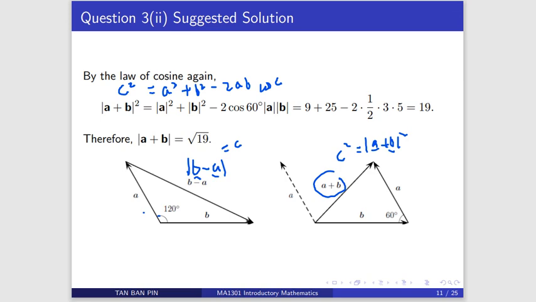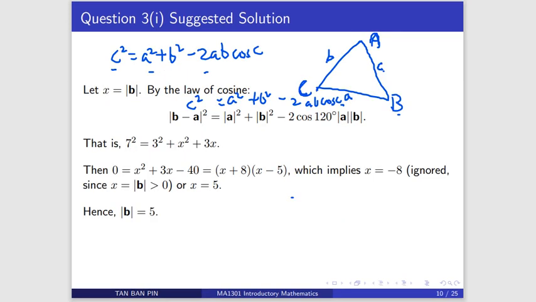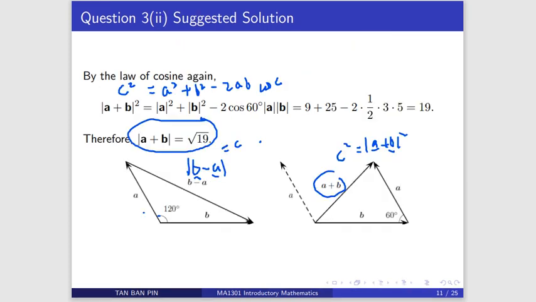You can do it either way, and you still get the same answer. The magnitude of A plus B is the square root of 19, and the magnitude of B is 5. So drawing a diagram and using the law of cosines is not necessary for this question.